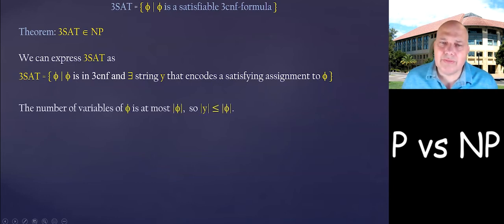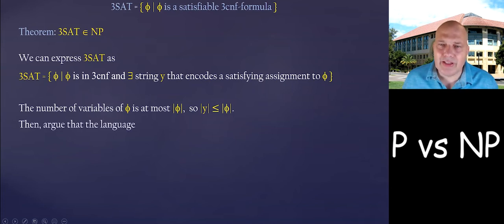The number of variables of phi is at most the length of phi. So this means that the witnesses themselves are polynomially bounded, in fact, linearly bounded. The second part is to check that the verification can be done in polynomial time.